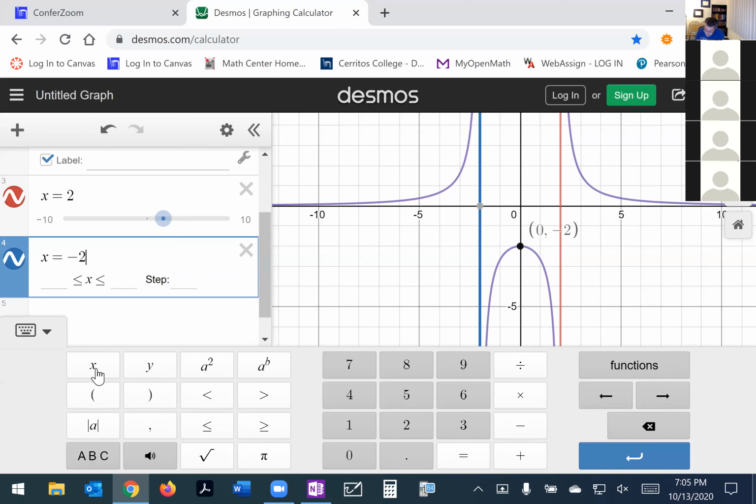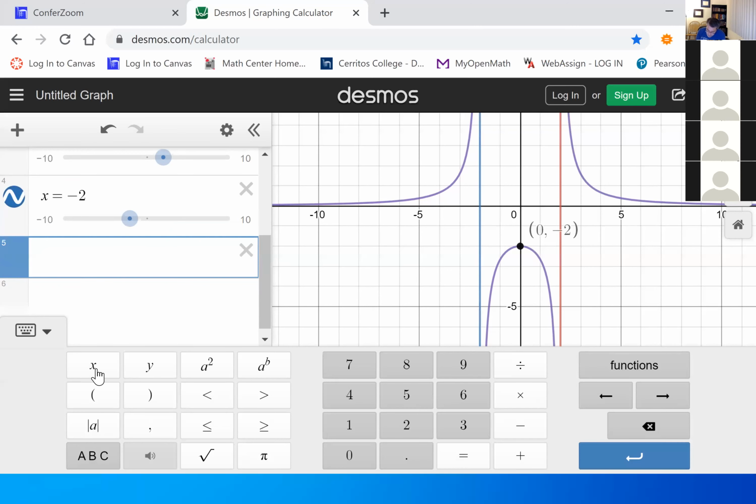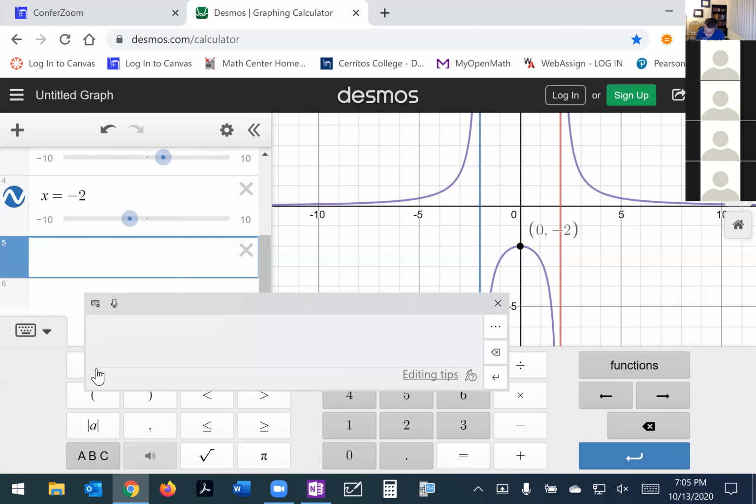Boom, nice. Nicely done. And then what about the horizontal asymptote? Well, the horizontal asymptote is going to be y equals 0.